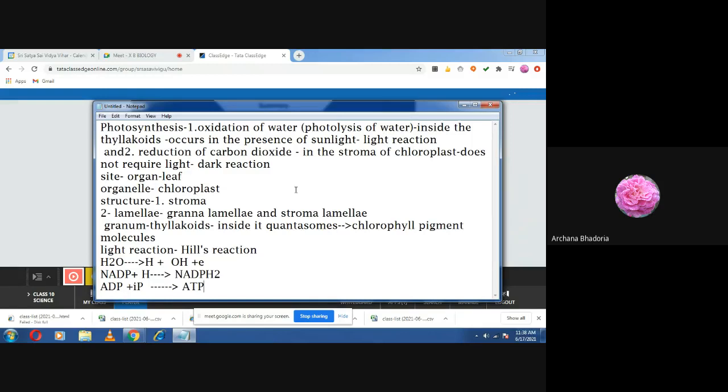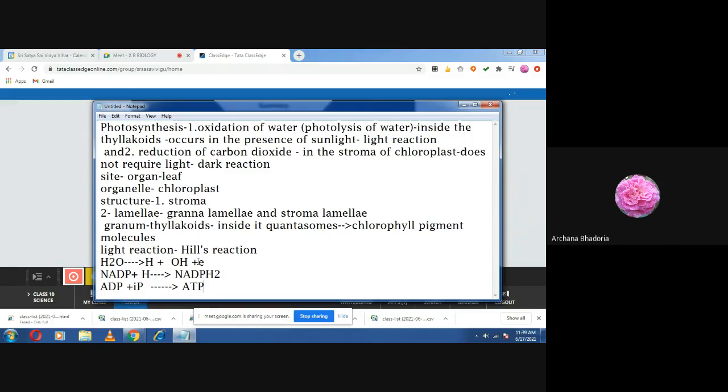Try to now understand once again. Light reaction, the photolysis of water will occur. The water molecule, that is H2O, will break up into H positive ions and OH negative ions plus the electrons. And this reaction occurs in the presence of sunlight, in the quantasomes of the granum.